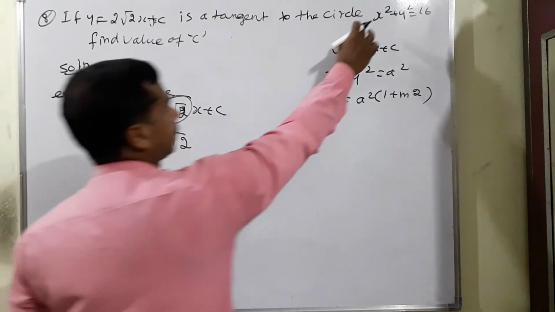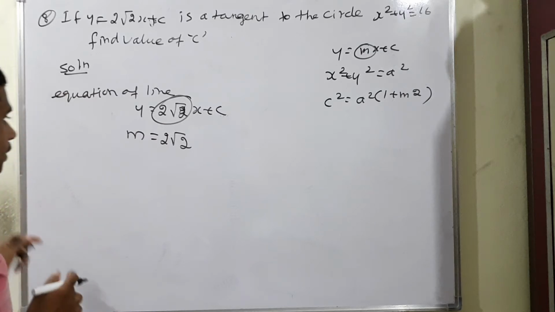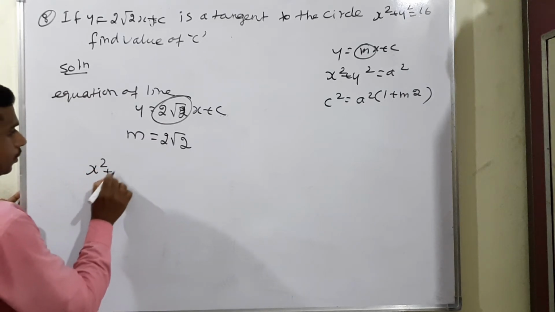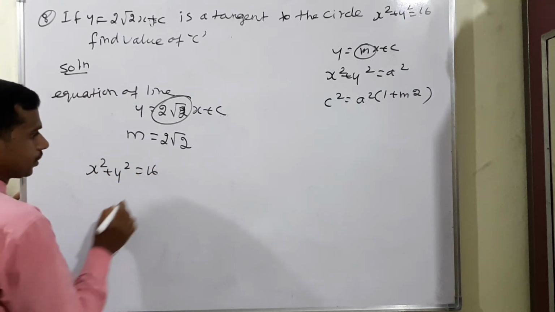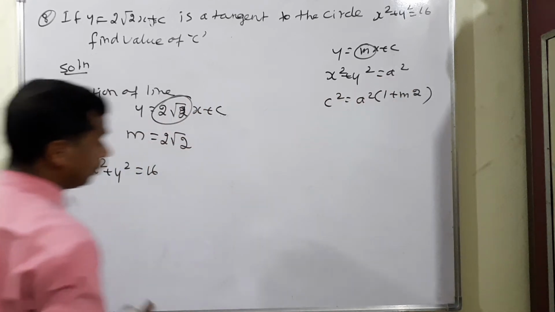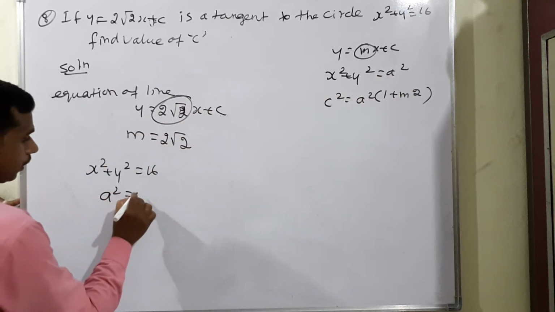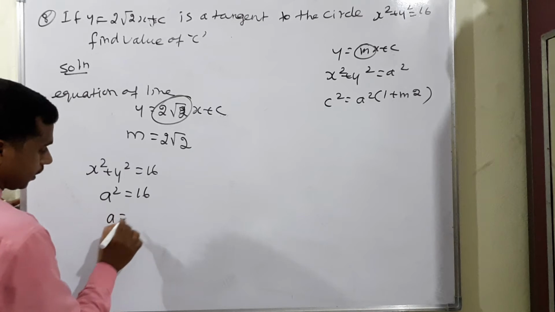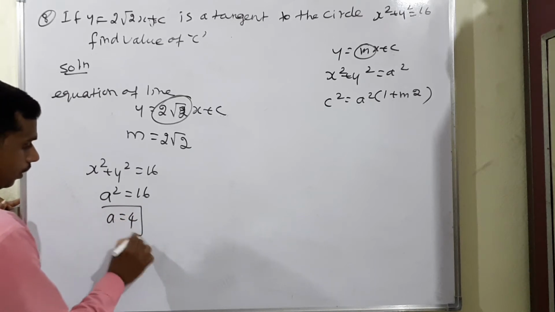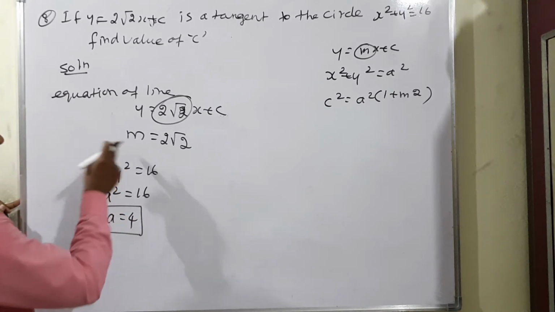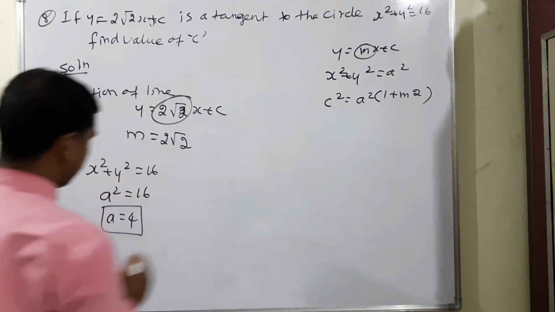Next condition, x square plus y square is equal to 16. So, that is equal to a square. Therefore, we can write a square is equal to 16, which means a is equal to square root of 16, which means 4 will come.